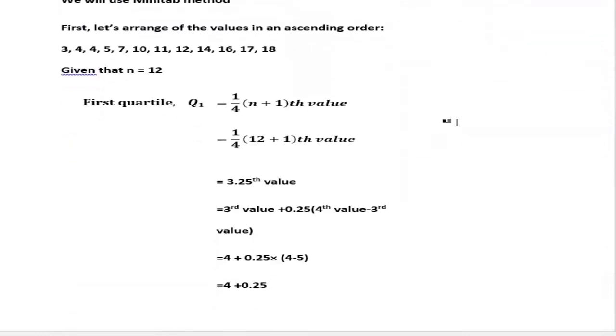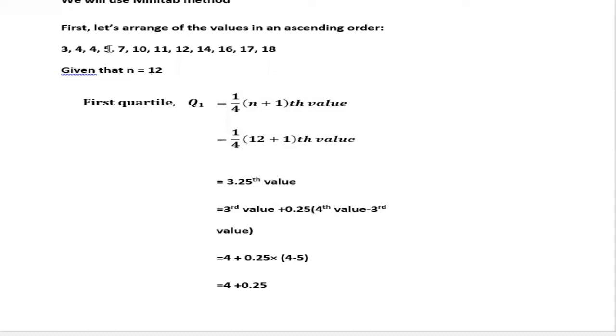So what is the first quartile? As we calculated before, the first quartile is 1 over 4 times n plus 1. If we do it with n equal to 12, we get the 3.25th value. So the third value we got is 3, 4, then 0.25 multiplied by the fourth minus the third value. What is the fourth value?